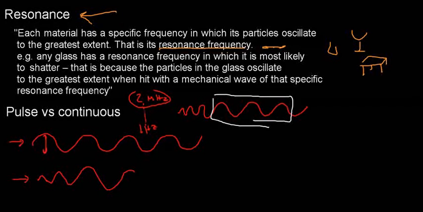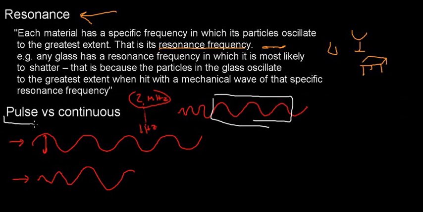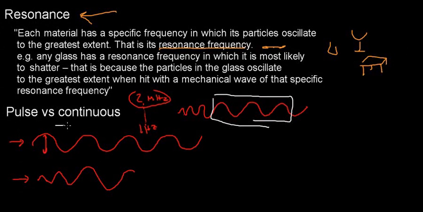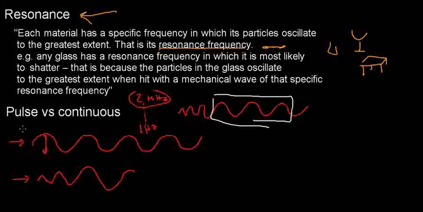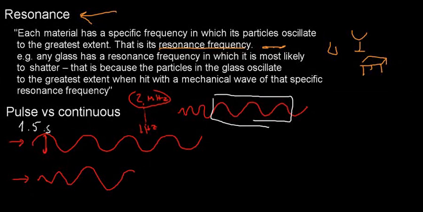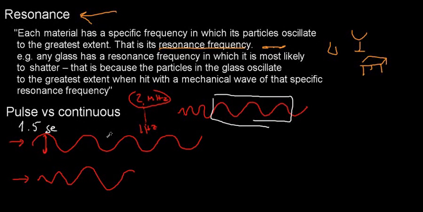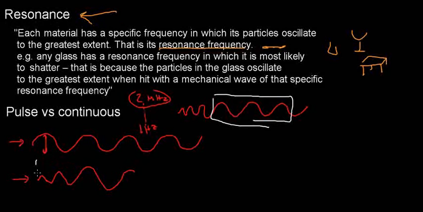And essentially, if you don't know, a pulse is just a mechanical disturbance over a specific amount of time. It's not going to go on and on and on. I just want a 1.5 second pulse of 2 megahertz ultrasound. Just an example of what I mean. So this is what a pulse would be.